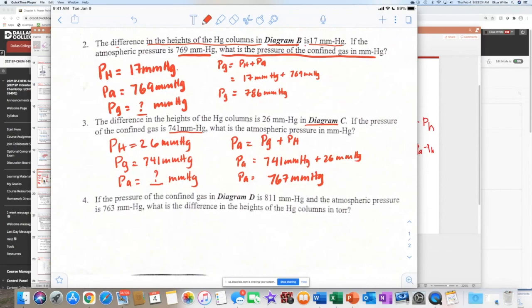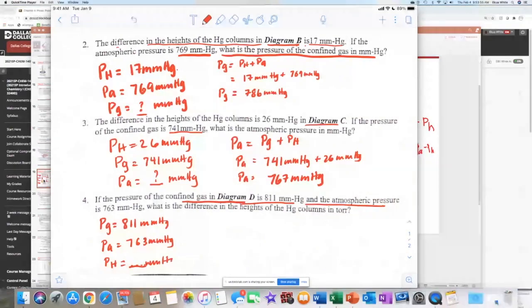If the pressure of the confined gas in diagram D, Pg, is 811 millimeters of mercury, and the atmospheric pressure, Pa, is 763 millimeters of mercury. By default, we're looking for pH, right? We're trying to solve for this. What is the difference in height of the mercury column?